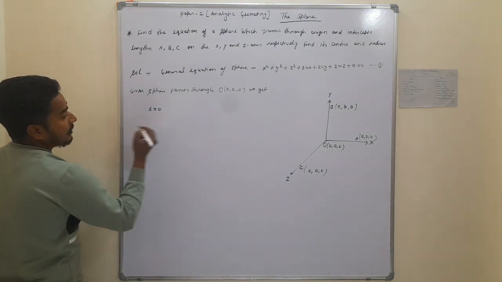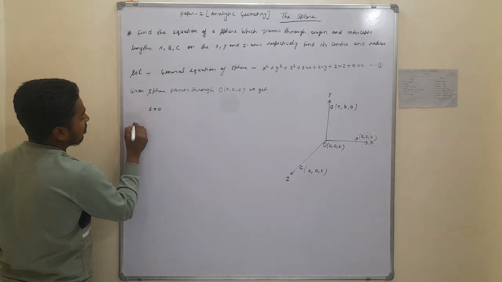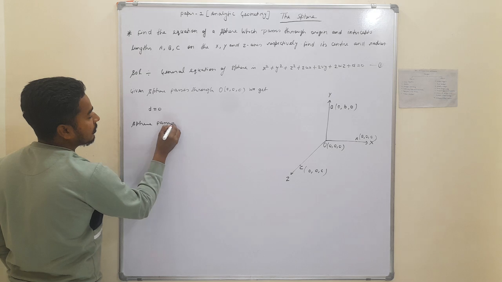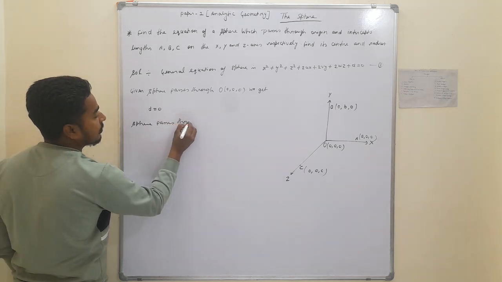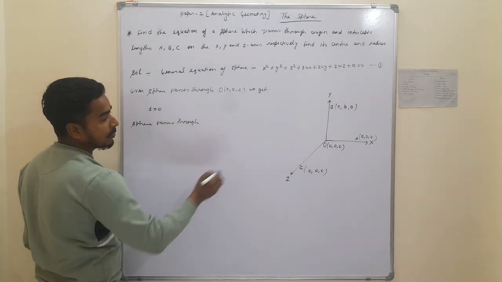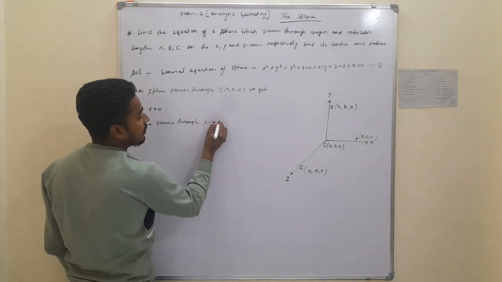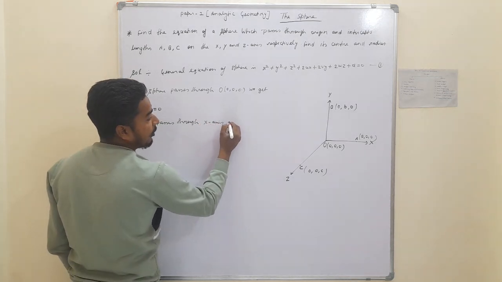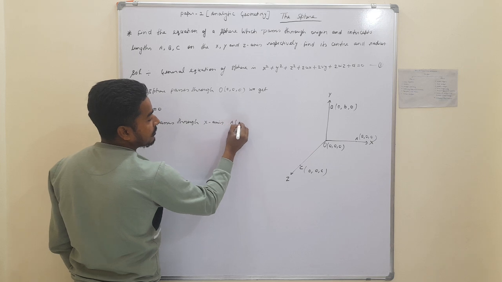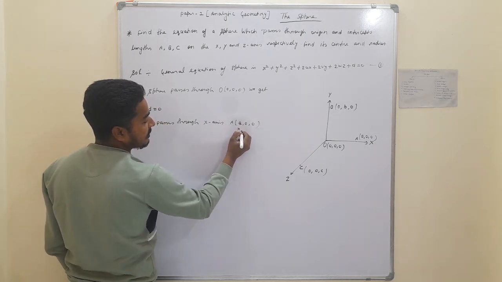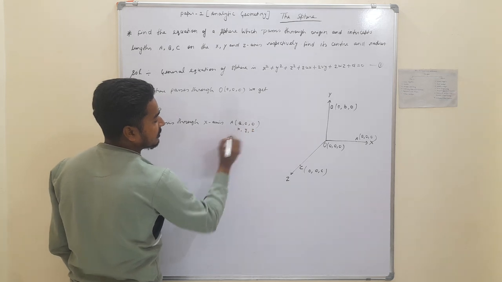Similarly, the sphere passes through the x-axis, at the point a, 0, 0. Here x is a, y is 0 and z is 0.